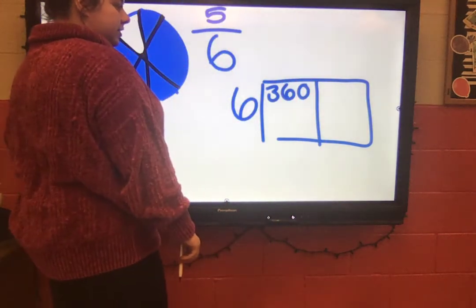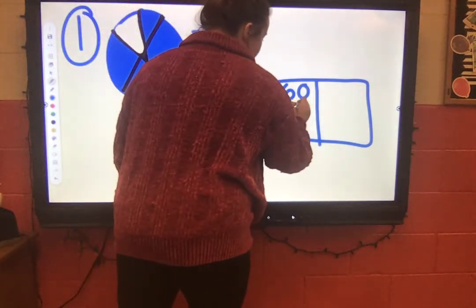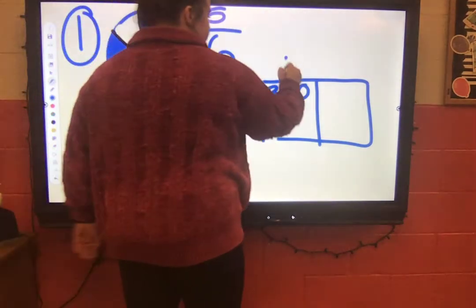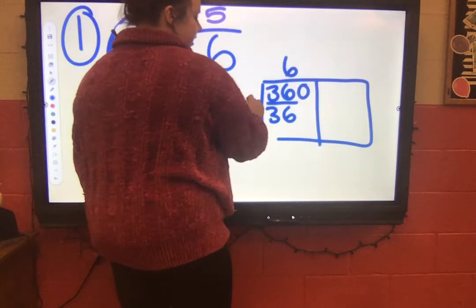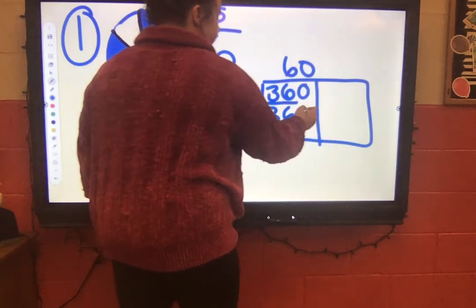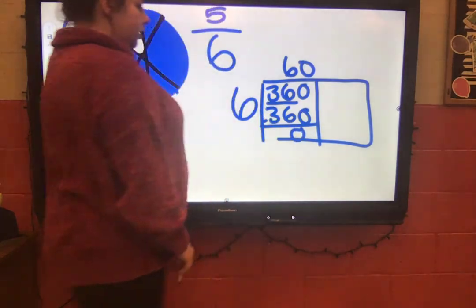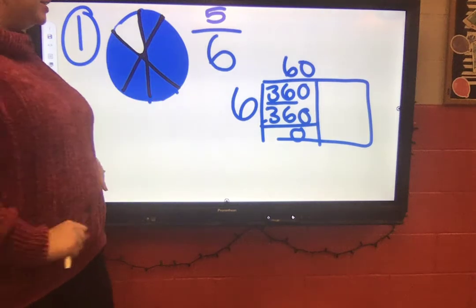How many times will 6 go into 36? 6 times. 6 times 6 is 36. How many times will 6 go into 0? 0. 0 times 6 is 0. Subtract. Nothing left over. So for one slice, just one, is 60 degrees.